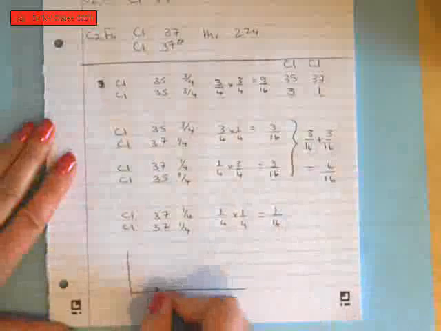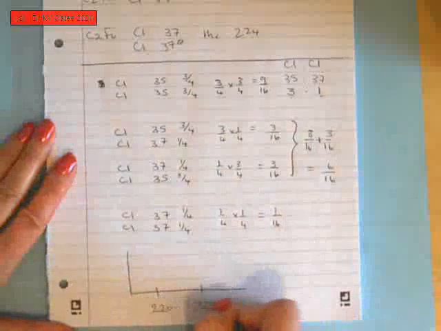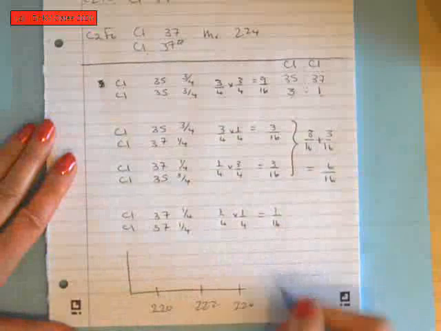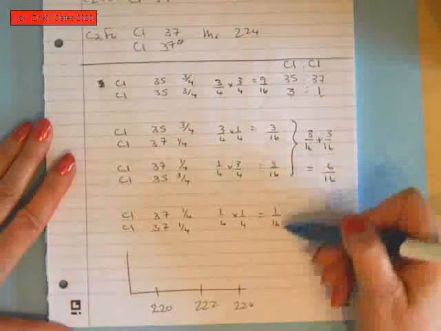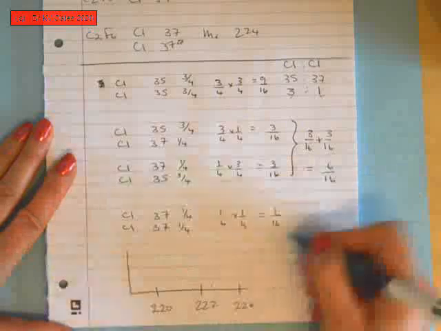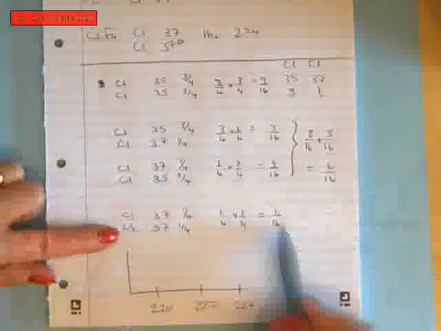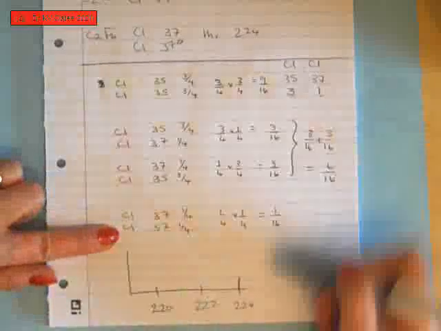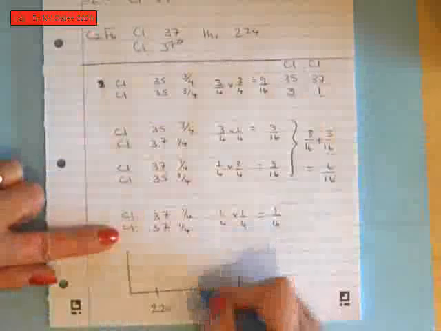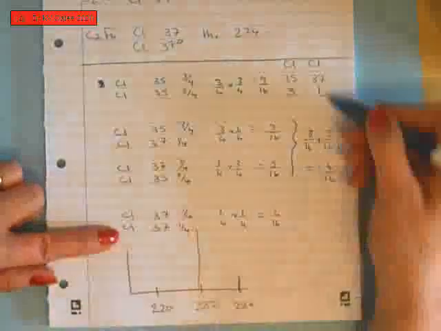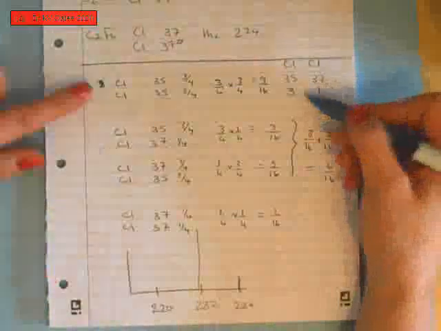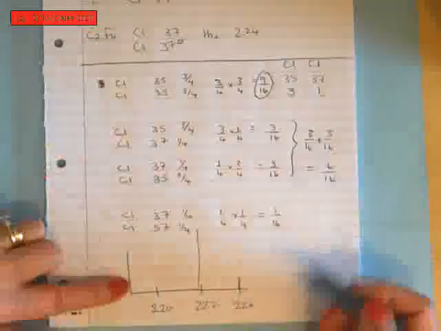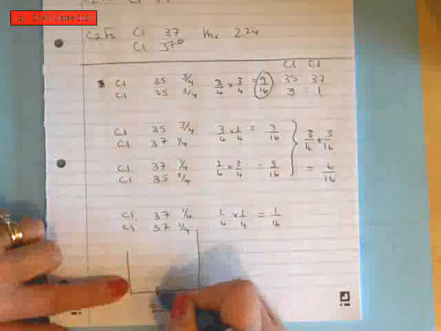So in terms of what you draw on the mass spec, you've got a 220, 222 and a 224. This one is only 1 on the scale. This one is going to be 6 times the size of that one, so where that's 1, this would go up to 6. And this one here is 9 times the scale, so this would go up to 9.